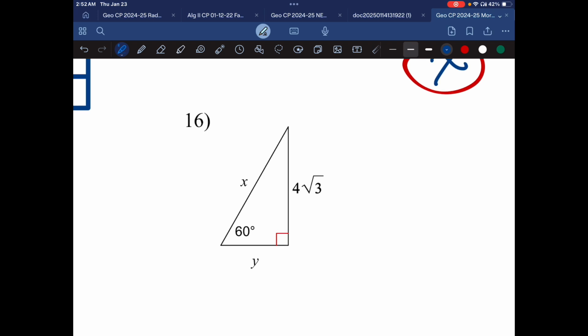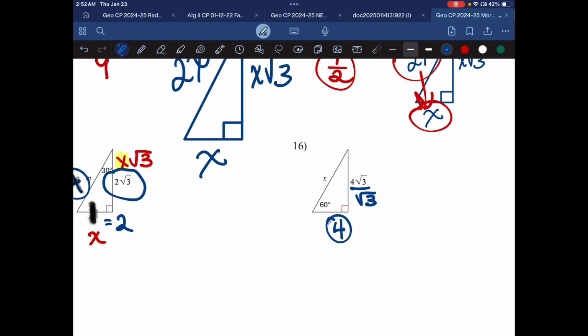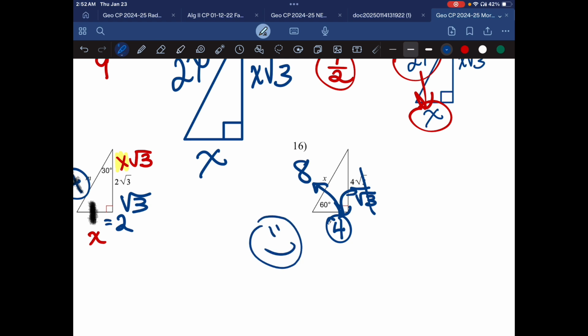Let's do one more. So if we divide this by the square root of 3, we'll go right back to where we started. So we could have done that over here too, but we didn't have to because it was right in front of us. But just in case you don't notice it, to go down, you divide that by the square root of 3, then go back up to get the hypotenuse, and you are done.